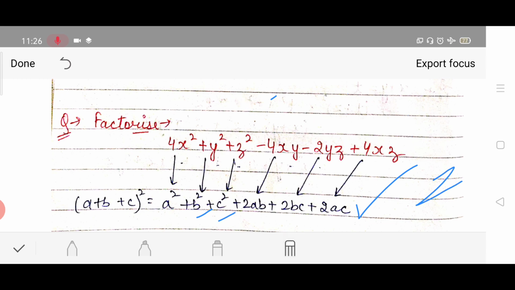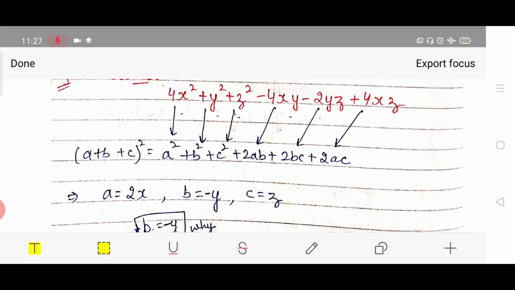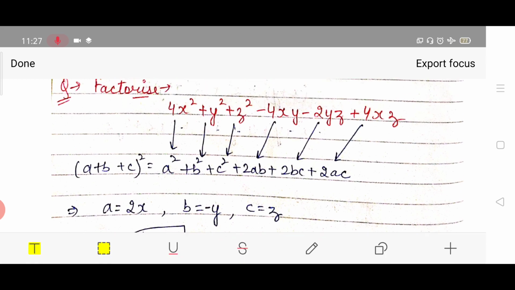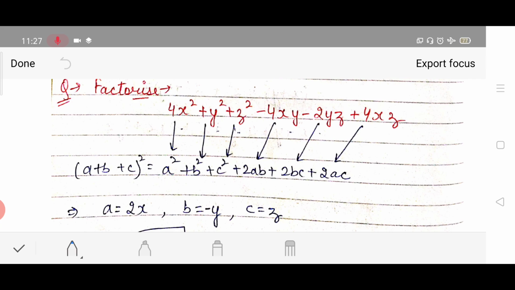But as you can see here, 2ab means, let us see, wait. You are having the value of a as 2x, b as y and c as z.